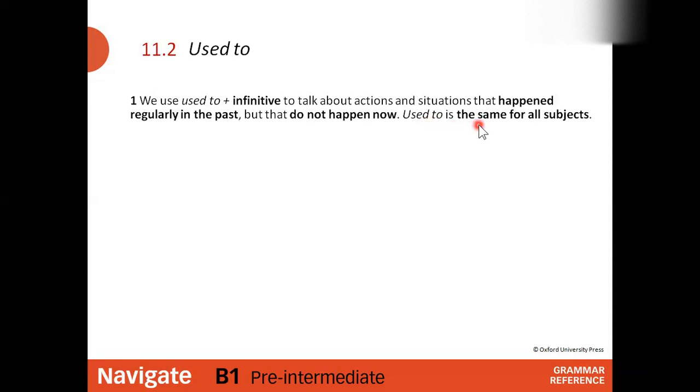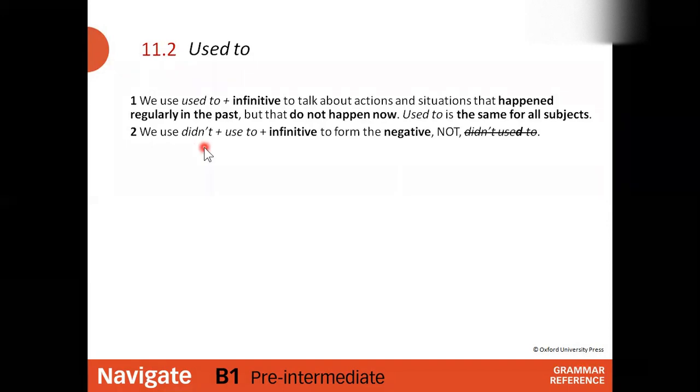Used to is the same for all subjects, i.e., after I, we, you, they, he, she, it, you use used to. It doesn't change. For example, we use didn't plus used to, no D, to form the negative.